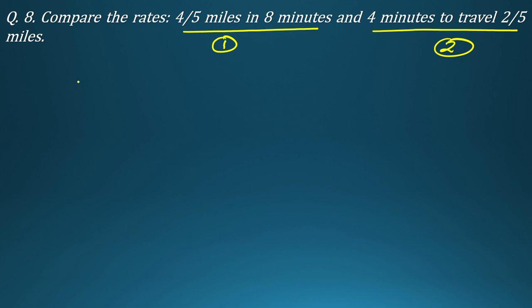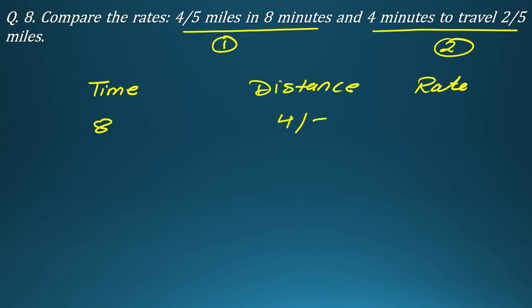I will write time here and distance here, and here we will find the rate. For the first, time is 8 minutes and the miles are 4 by 5.